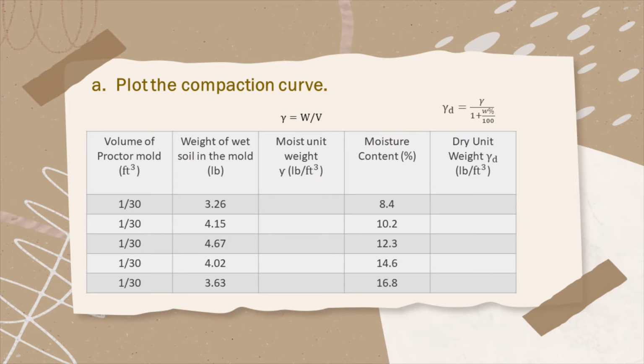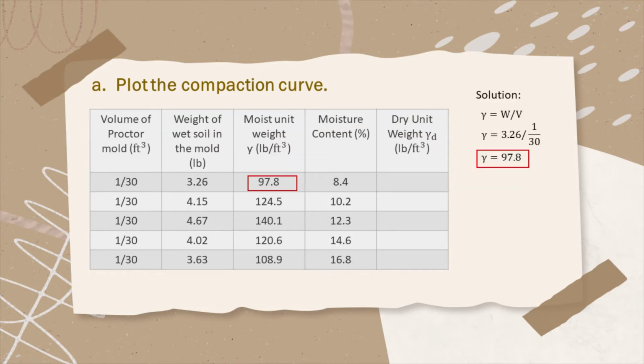In order to do that, we need to solve first the moist unit weight, which is equal to the weight of the wet soil over the volume of the Proctor mold, and the dry unit weight, which is in pounds per cubic foot. The formula for that is the unit weight over 1 plus the water content over 100.